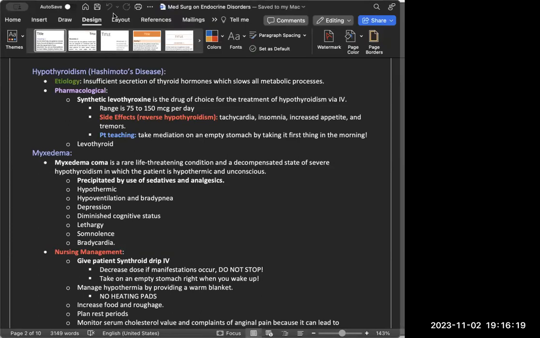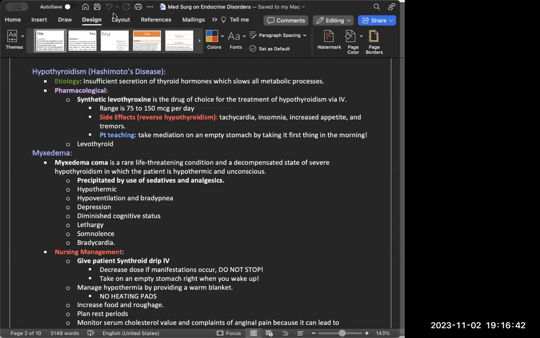So the side effects are tachycardia, insomnia, increased appetite, and tremors, which mimic the symptoms of hyperthyroidism because synthetic levothyroxine is basically giving them thyroid hormones to increase their thyroid levels. And sometimes it's called Levothroid.